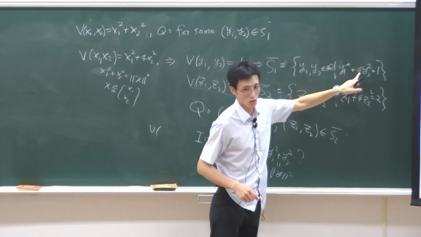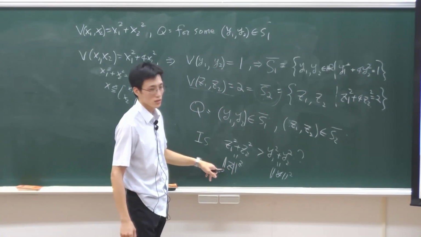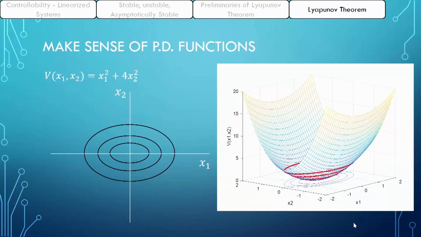The coefficient here is 4. But this is the norm of the argument. There is no 4 here. Okay, 懂吗？所以它的 That's why the level set, the contour of the level set, is an ellipse, right?